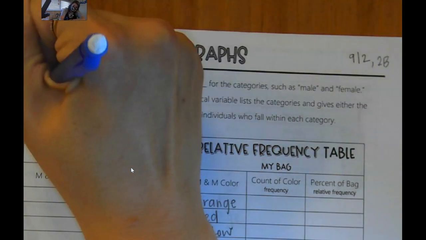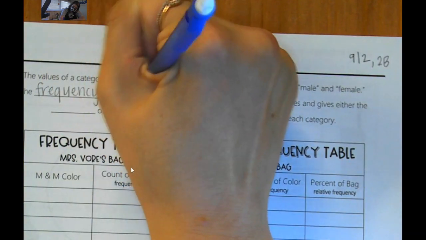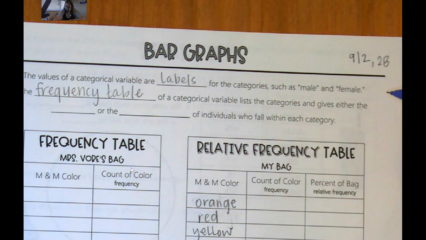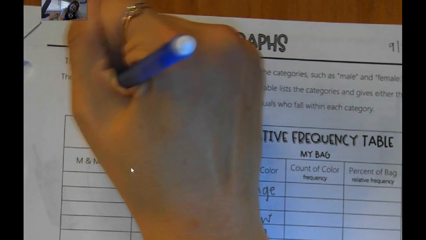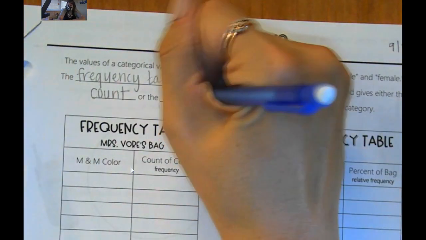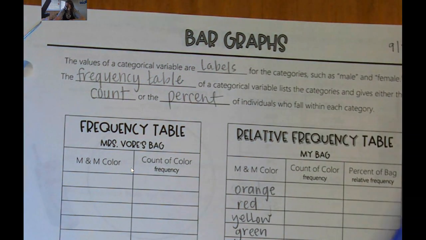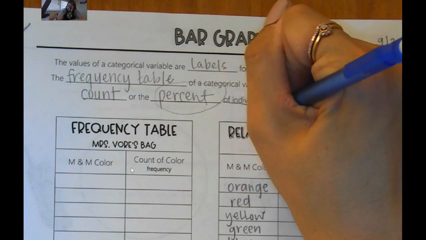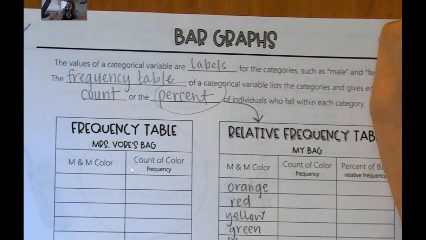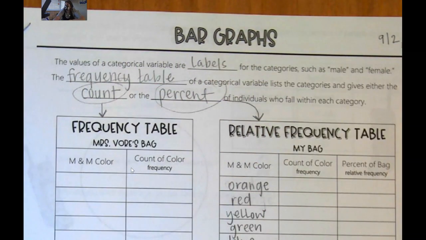The frequency table of a categorical variable lists the categories and gives their count or the percent of individuals who fall within each category. If you're talking about percent, it's called a relative frequency table. If you're talking about count, it's just called a regular frequency table.